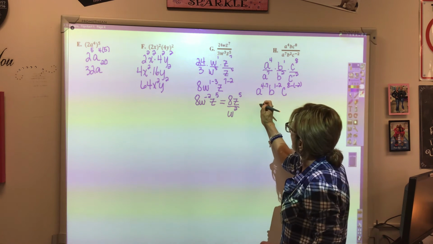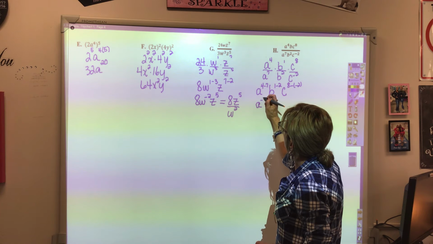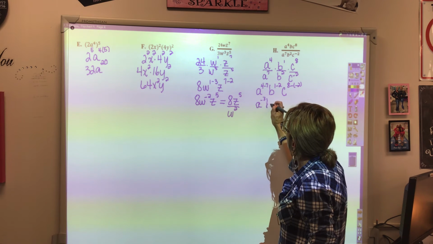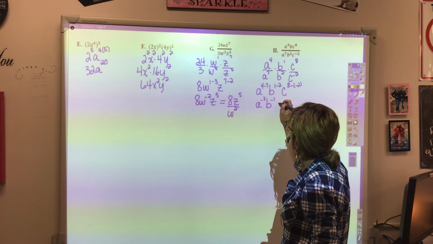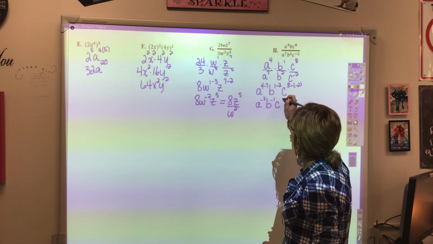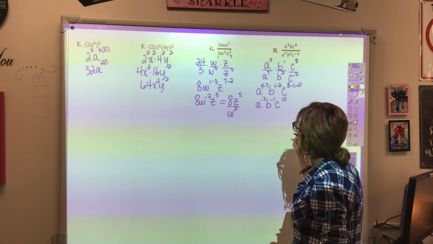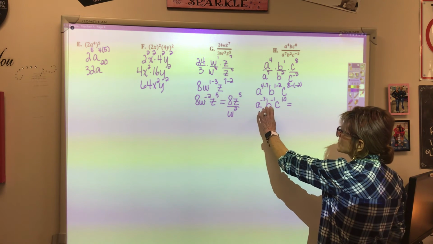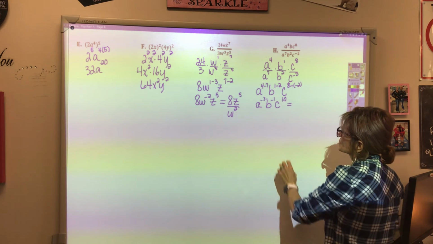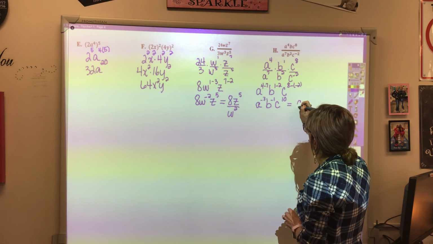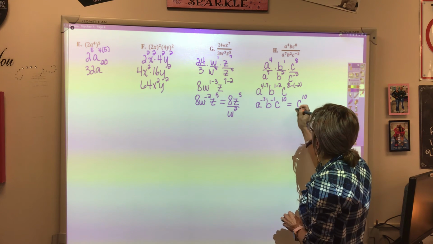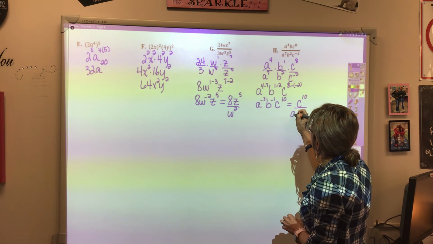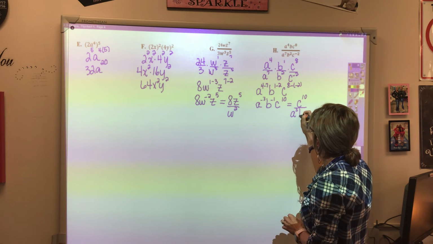That would give us a to the negative 3, b to the negative 1, and c to the 10th. So bring the negative powers down. When we put the b down, we don't need to add it to the first power. So we have c to the 10th over a to the third b.